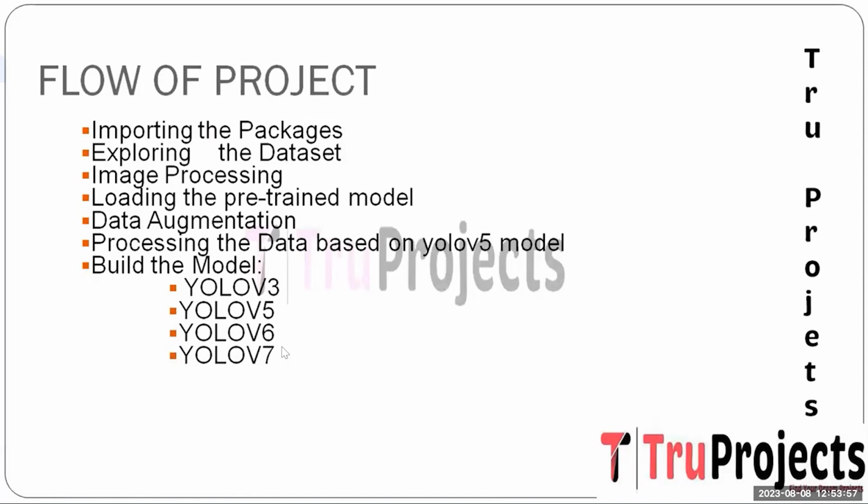And the next one is YOLO V6. It was introduced to build upon the strengths of its predecessors and might incorporate novel architectural advancements, optimizing techniques, and training strategy. It could potentially offer further improvement in detecting flying airplanes on satellite images when compared to the previous models. And the next one is YOLO V7.